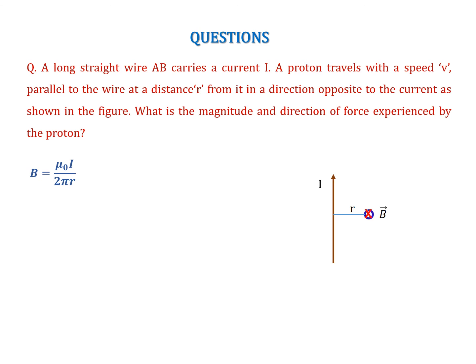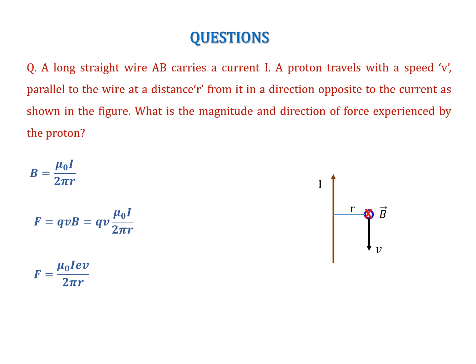A proton moves opposite to the current with a velocity v. The force experienced by it will be qvB sin theta. Theta is 90 and we substitute the value of B. So the result is F equals qv mu naught I upon 2 pi r. We can also write force as mu naught I e v upon 2 pi r.